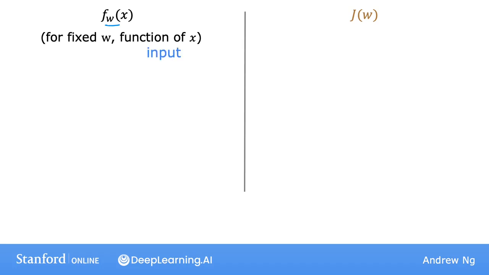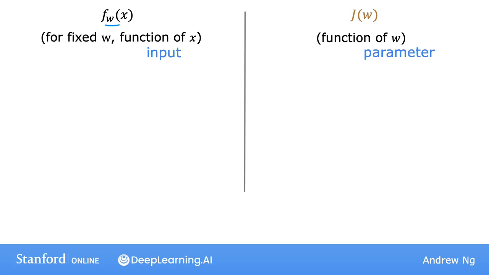In contrast, looking to the right, the cost function J is a function of w, where w controls the slope of the line defined by f_w. So the cost defined by J depends on a parameter, in this case, the parameter w. So let's go ahead and plot these functions, f_w of x and J of w, side by side, so that you can see how they are related.